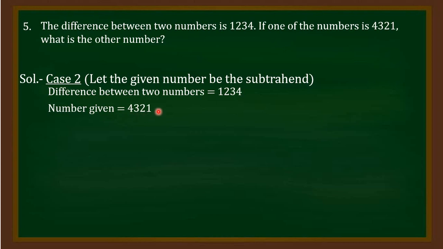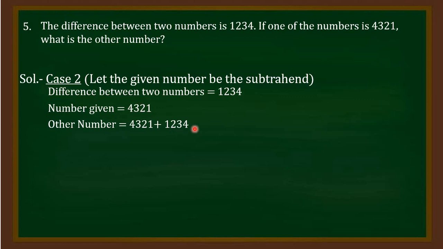Now kids, we are discussing the case when this number is the subtrahend. That means we will add the subtrahend and the difference to find the minuend, which is your other number. So you will write: other number is equal to 4,321, which is your subtrahend, plus 1,234, which is your difference.